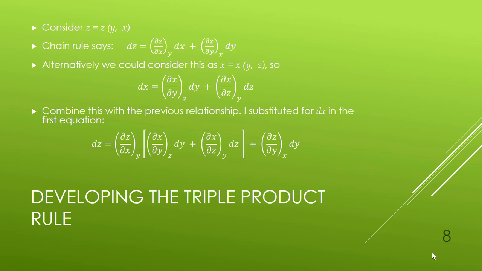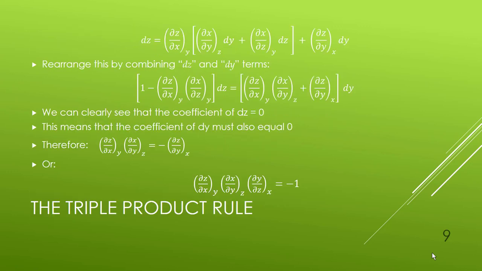And I can now algebraically rearrange this, combining the dz and dy terms, and then the coefficient of dz, okay, 1 minus (∂z/∂x) at constant y times (∂x/∂z) at constant y. Well, ∂z/∂x and ∂x/∂z multiply together to give you 1, so 1 minus 1 is 0.